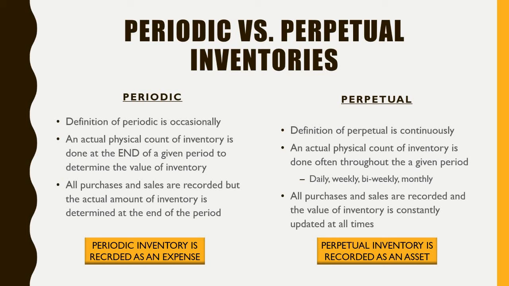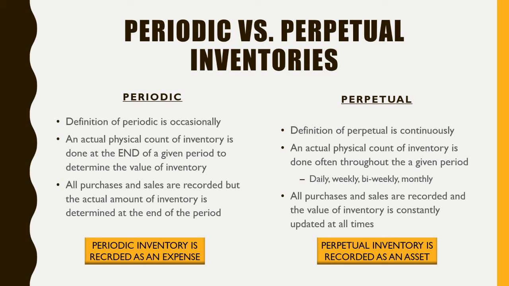And then once we do our physical count, that's where we do our conversion entry to enter in our inventory items and to calculate our cost of goods sold, right? In this case, for perpetual inventory, everything's going to go straight into inventory. So we're going to record it as inventory immediately. That means every time we sell something, it's going to be taken out of inventory. And every time we purchase something, straight to inventory.